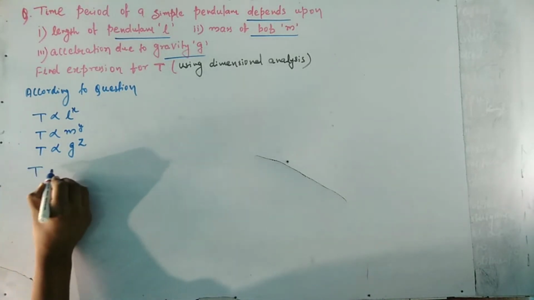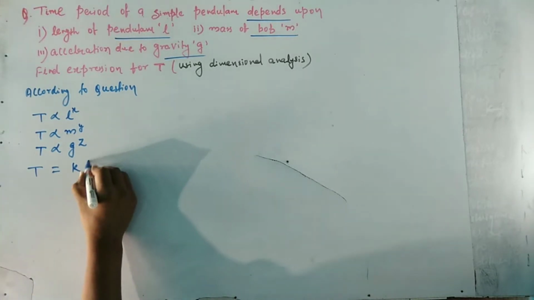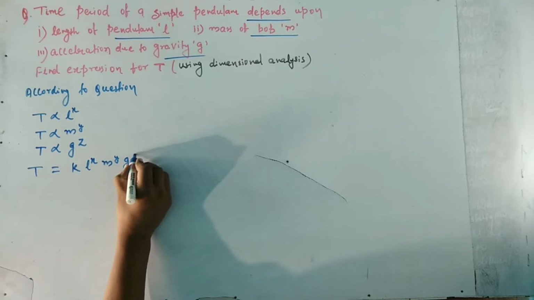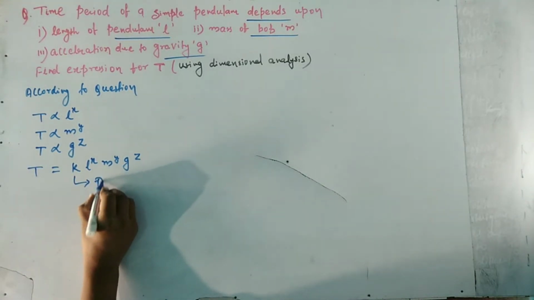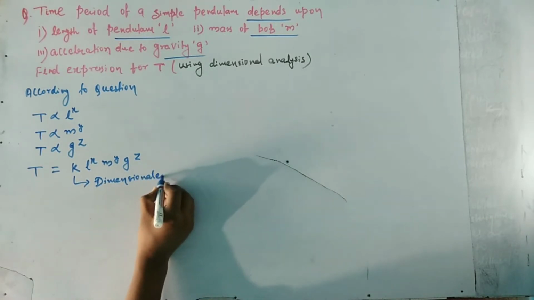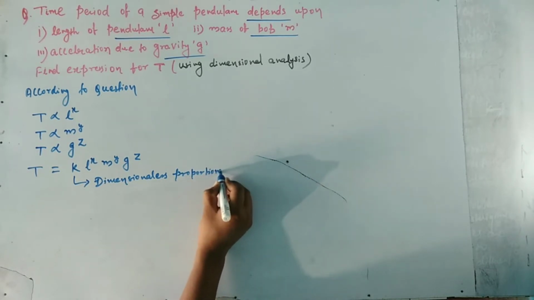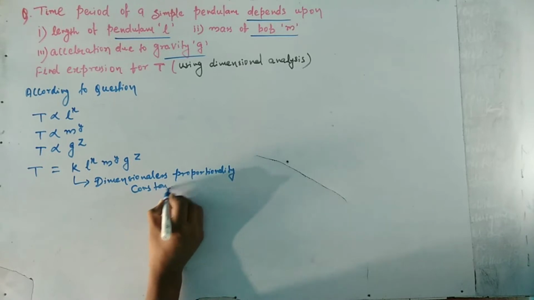Now, equating, T is equal to K into L to the power x, M to the power y into g to the power z. This will be the equation for time period, where K is a dimensionless proportionality constant.